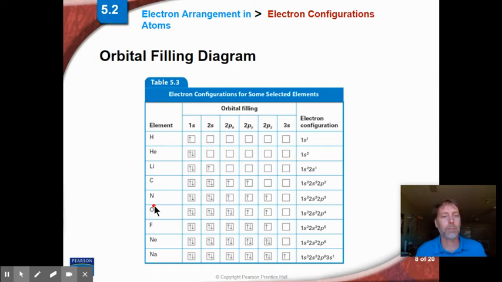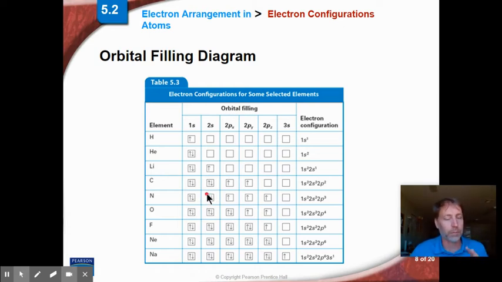Nitrogen is element number 7 on our periodic table. And you'll see that it has 7 electrons then. So we fill our first energy level and first orbital, 1s2, and then we fill in our second s, 2s2, and then here's where the Hund principle comes in. So filling from least to greatest is the Aufbau.